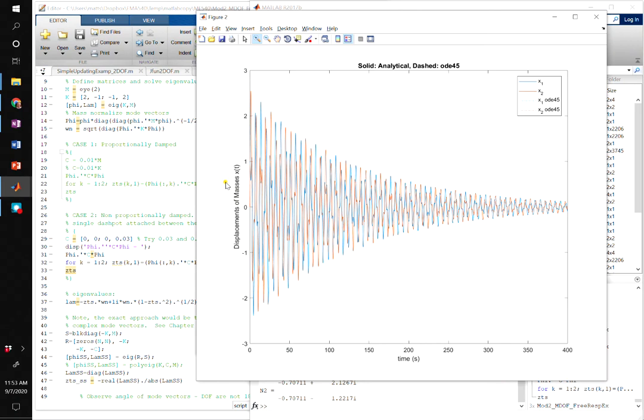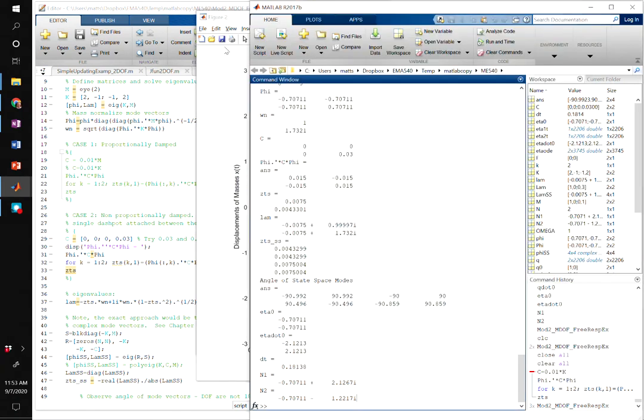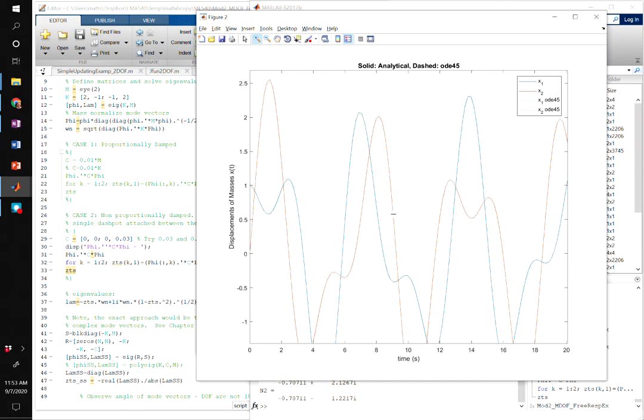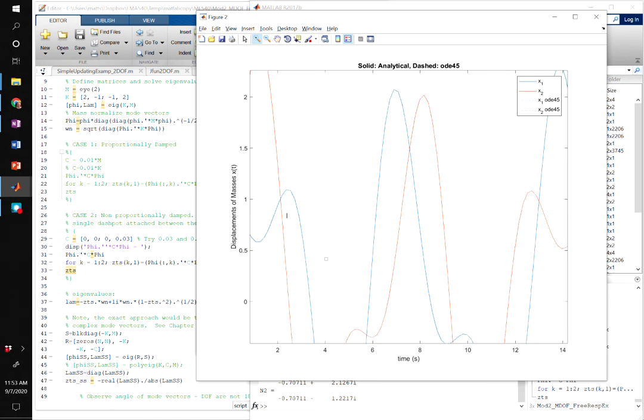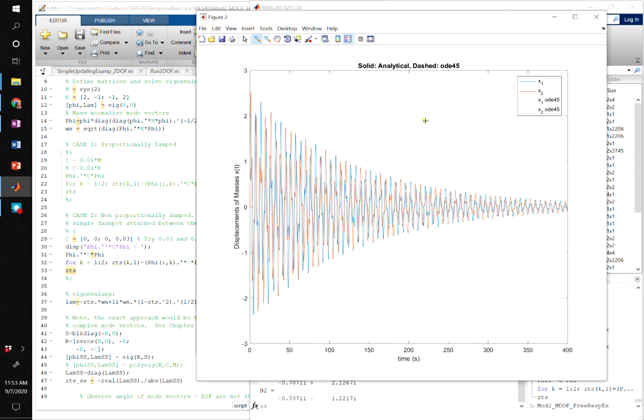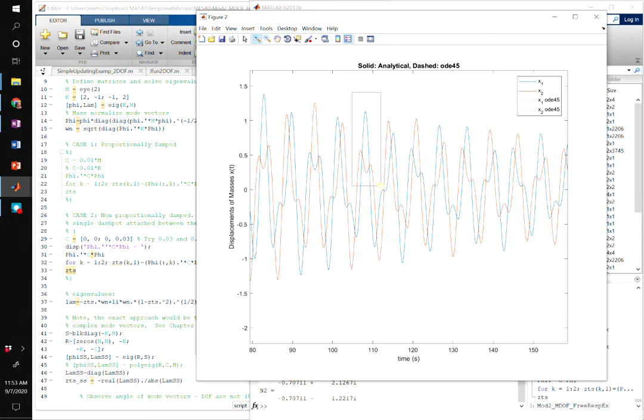So if we calculate the response of the system, notice you really can barely even see any differences, right? There's a little bit of difference now between the two responses, but the light damping approximation has just worked really, really well, right?